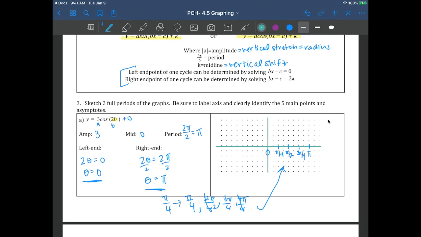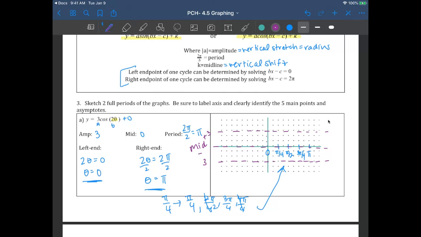Okay, so our midline is at 0, so I just give myself a little dashed line for my midline. And then my amplitude is up 3 from the midline. So our radius reaches all the way up to positive 3 and down to negative 3. So I like to graph in my midline, my midline plus 3, and my midline minus the amplitude.